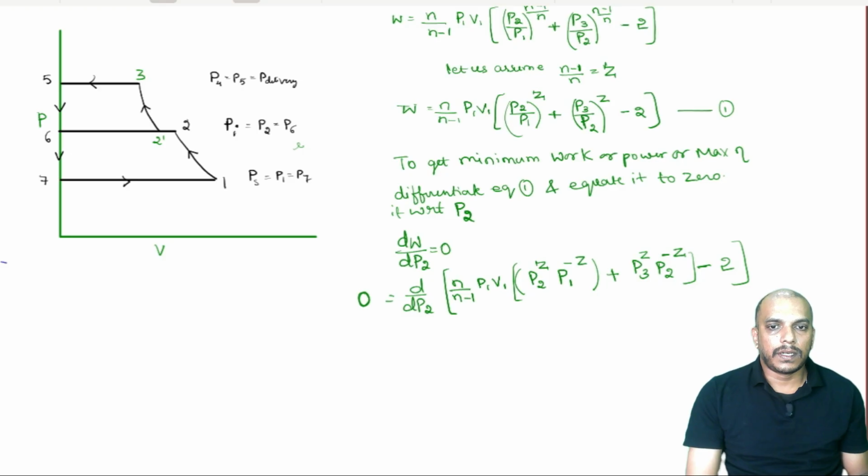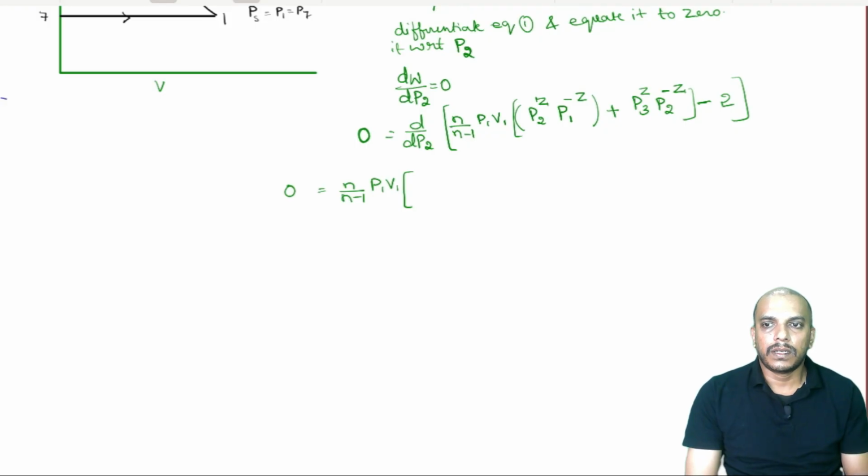Now, let us differentiate. This must be equal to 0: n by n minus 1 P1 V1, and we know that we are differentiating P2 power z with respect to P2. We know that differentiation of x power n is n x power n minus 1. Now, we are talking about P2 power z, so we will have z P2 power z minus 1.